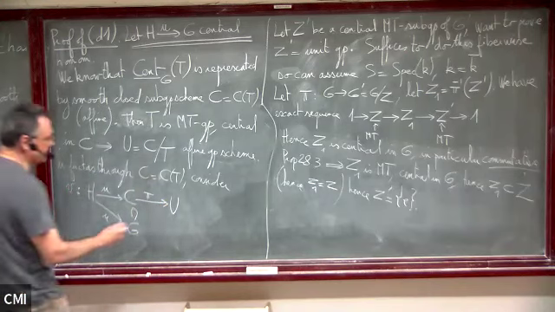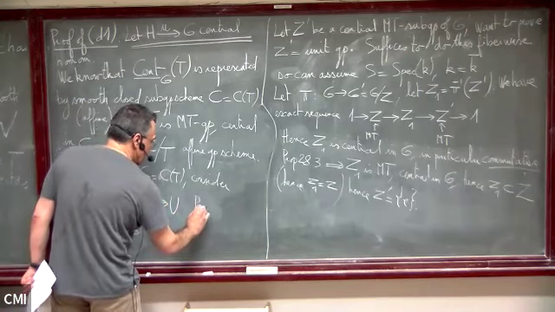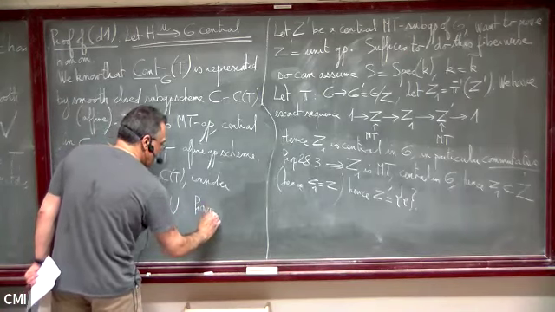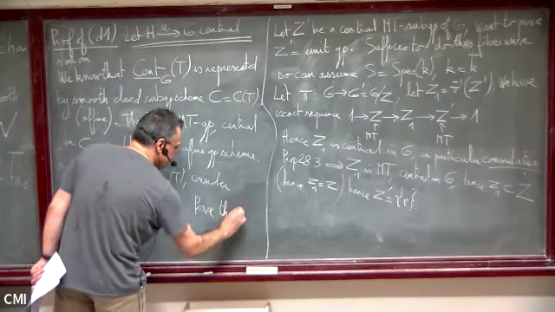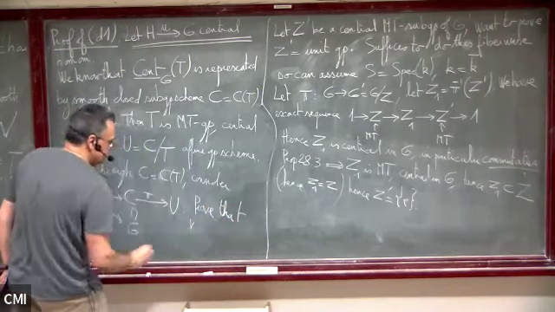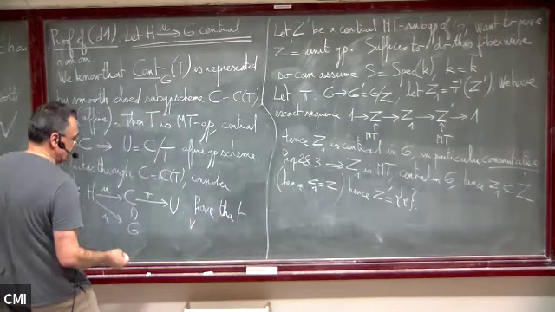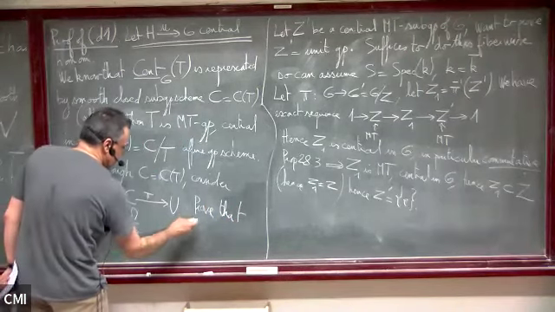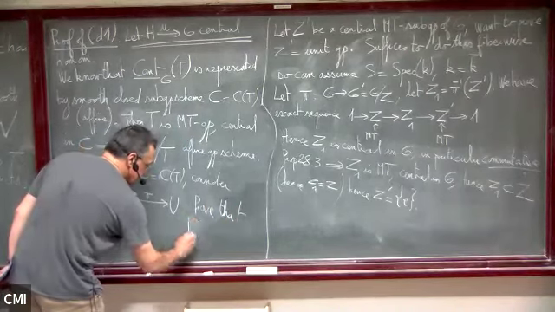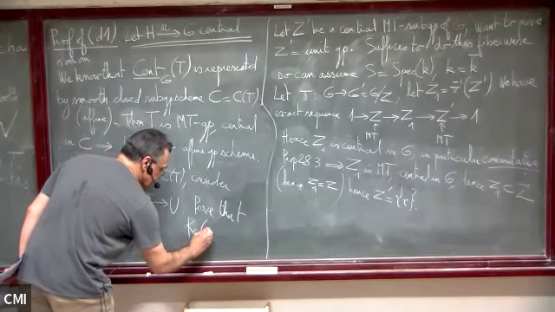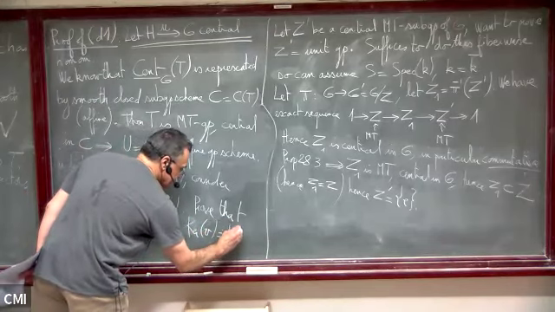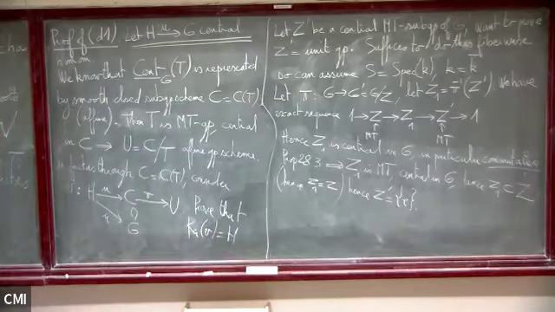and we are going to prove that V is trivial. So we are going to prove that the kernel of V is actually H itself.